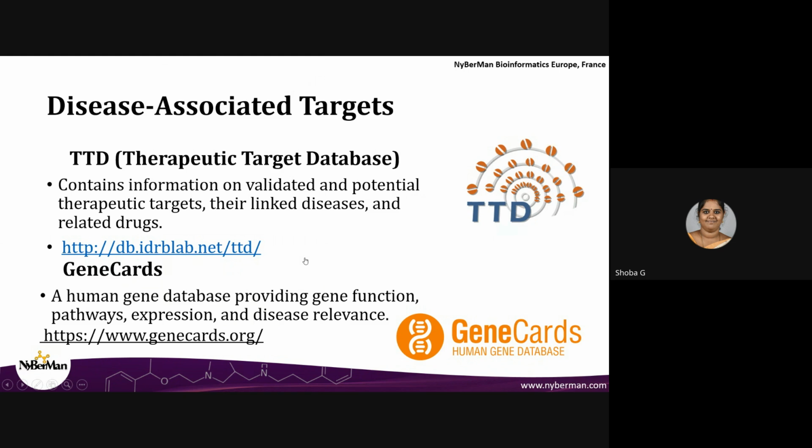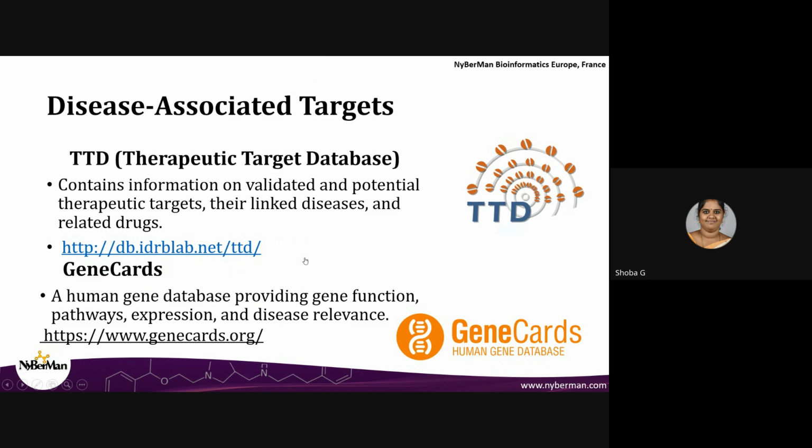So if you put a disease name, you will get the targets relevant to the disease, whatever disease you are searching. Suppose it's liver cancer or Alzheimer's disease or Parkinson's disease. If you just put a disease name, it will give a list of targets. So what we do, we copy paste the data from there to Excel format for our research work. The collection part will be explained in the hands-on session.